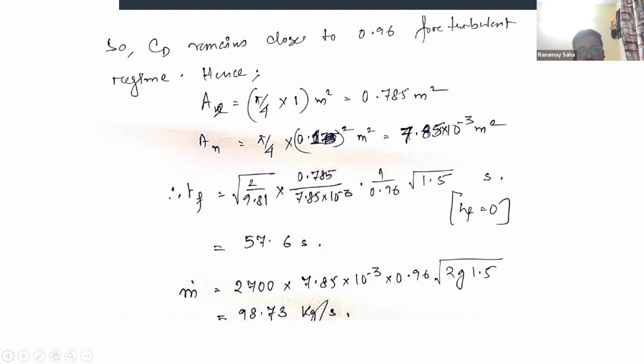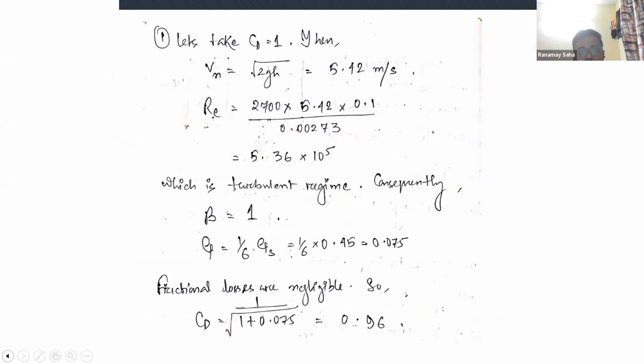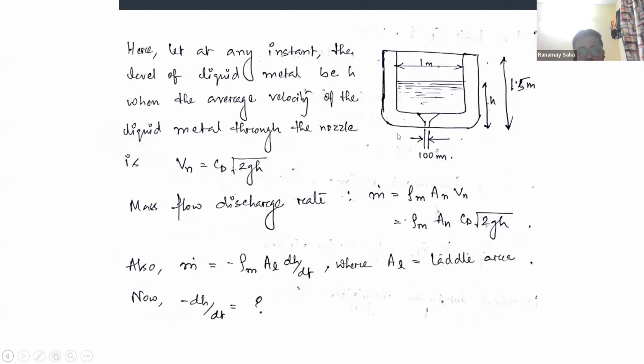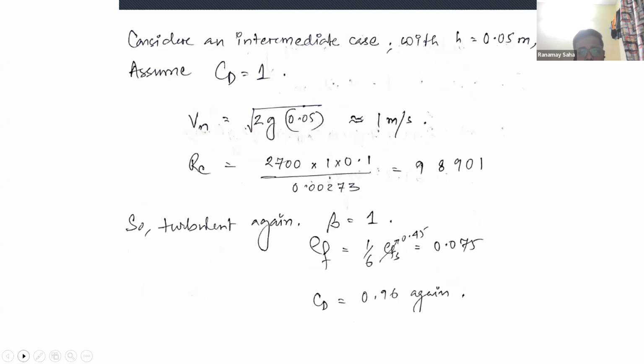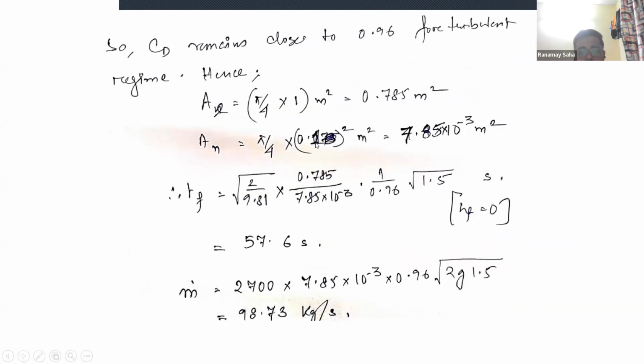It had a dia of 1 meter, and the nozzle had a dia of 100 mm, so 0.1 meter. Using that, we find the ladle area and the nozzle area, put them here, and with root 2 by g, all these variables give you the mold filling time of 57.6 seconds.